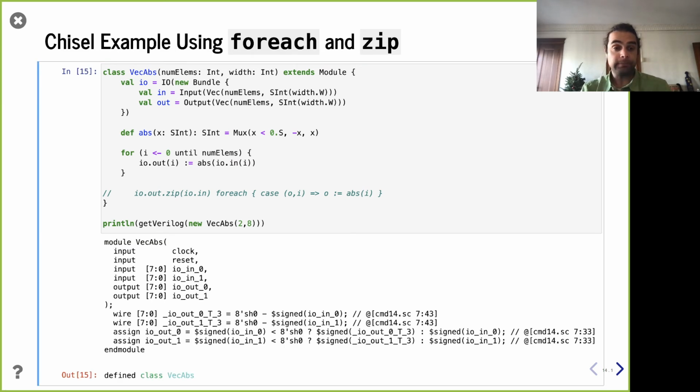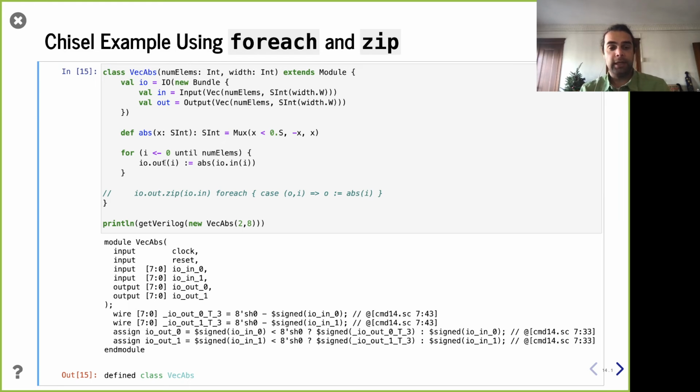And guess what? Looking at the output in the Verilog, if you don't have a good memory, it's exactly the same, right? Because the point of what we're doing with all this stuff is that we're using Scala to execute stuff and perform operations, but in terms of what's happening, same number of things being instantiated, same number of things being connected. It's just how is this operation being structured, right?